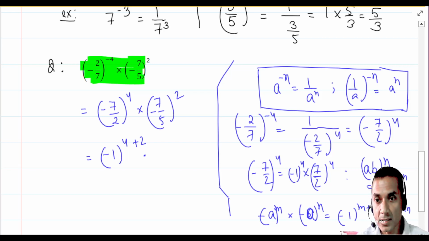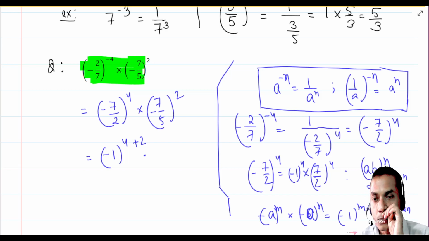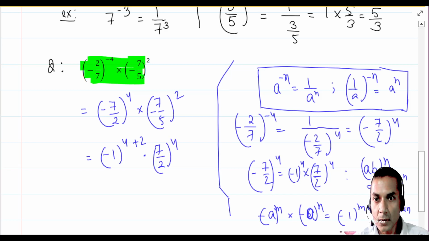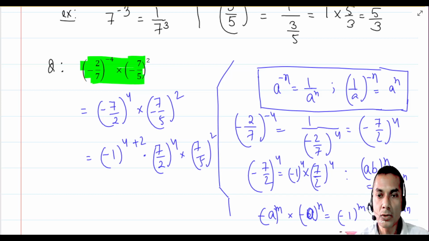If you don't understand, you just comment me, I will explain to you in a different way of communication, like WhatsApp. So if I remove the sign from this value, what value remains? 7 to the power 4 into 7 by 5 to the power 2.